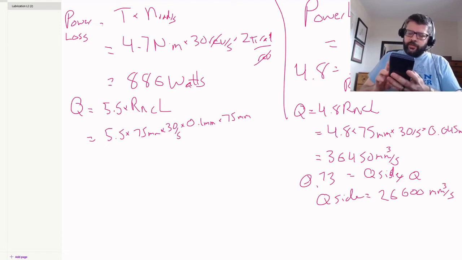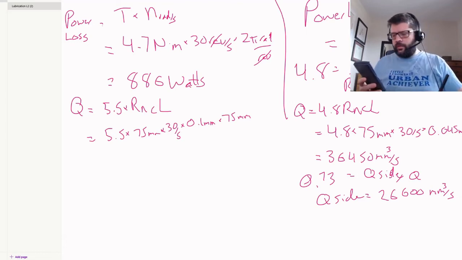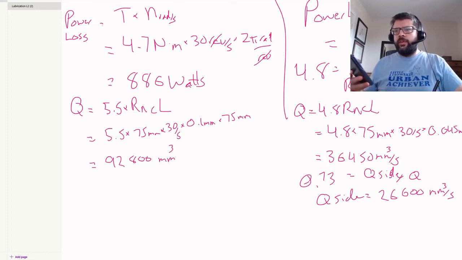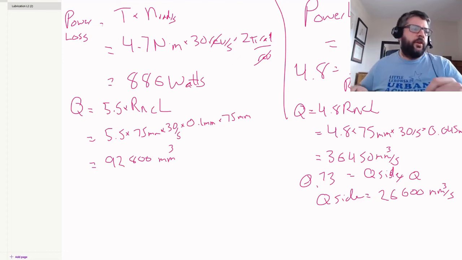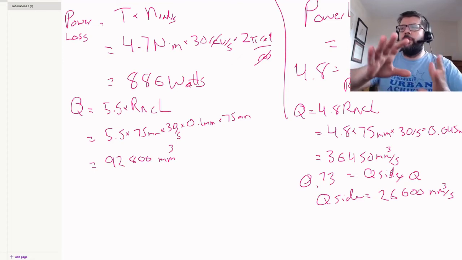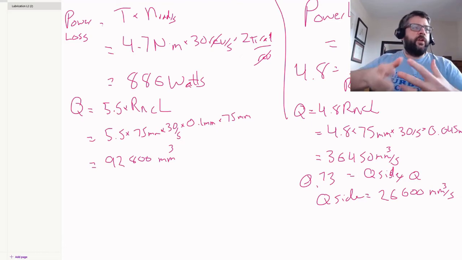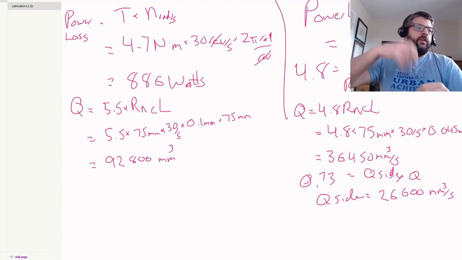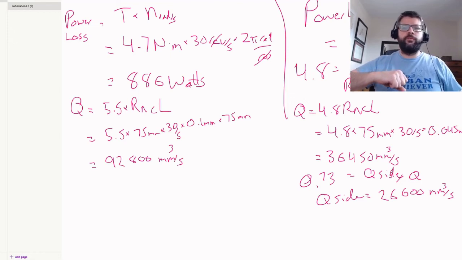So 5.5 times 75 times 30 times 0.1 times 75 is equal to 92,800 millimeters cubed per second. Not surprising, it's a fair chunk larger than the other one. A lot more clearance. It's got less friction because it's got more stuff going through.